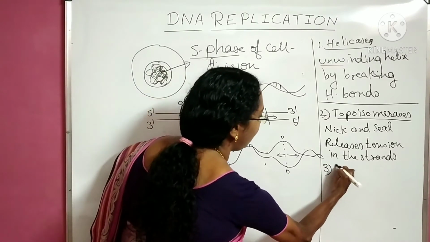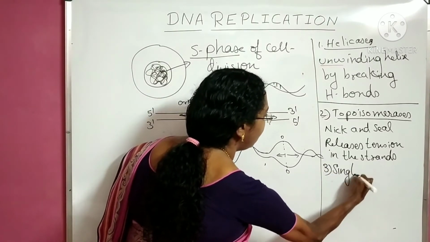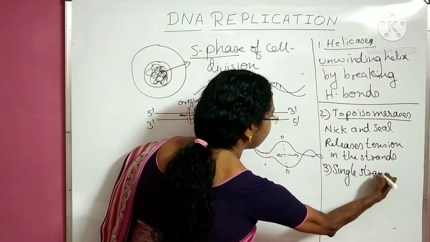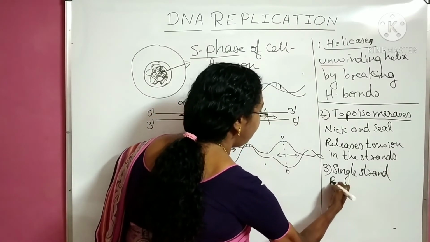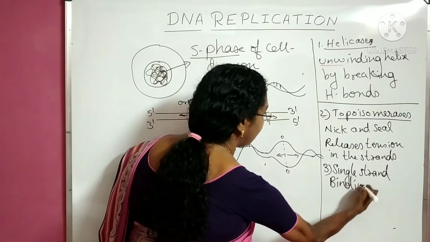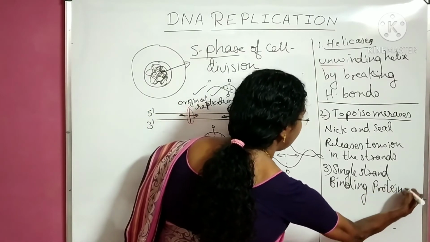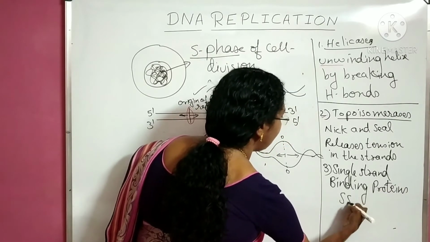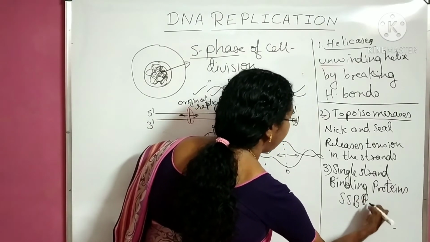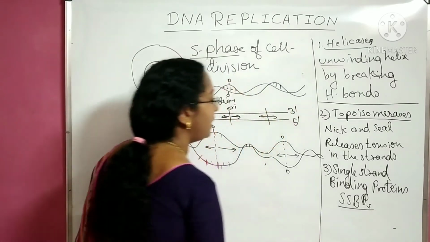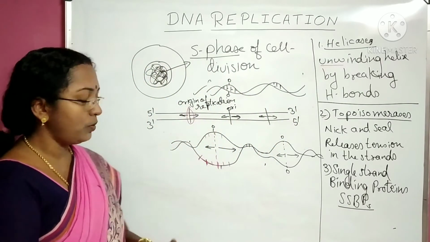protein here. They are called as single strand binding proteins, or SSBPs. Single strand binding proteins. What do they do?